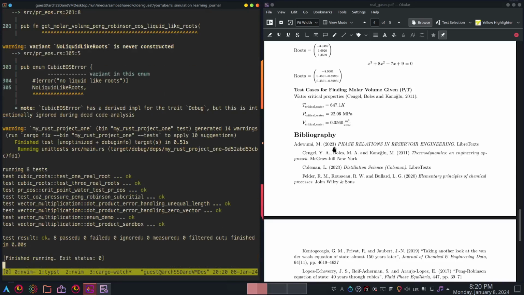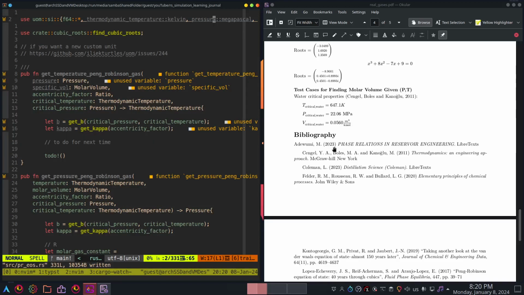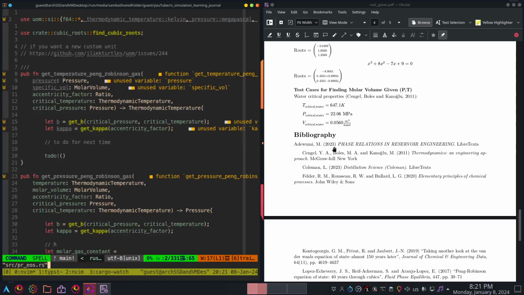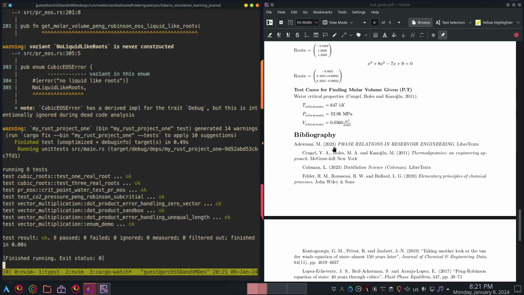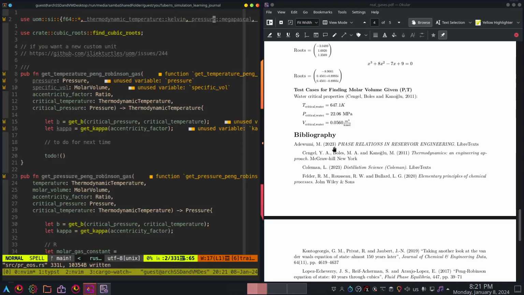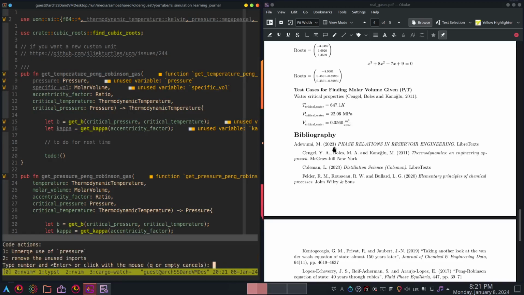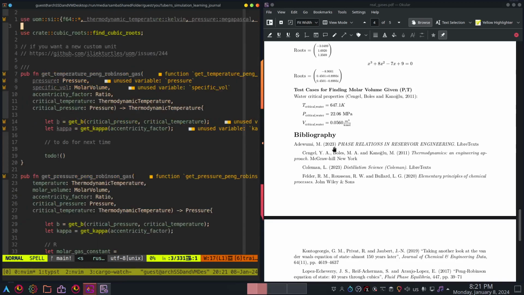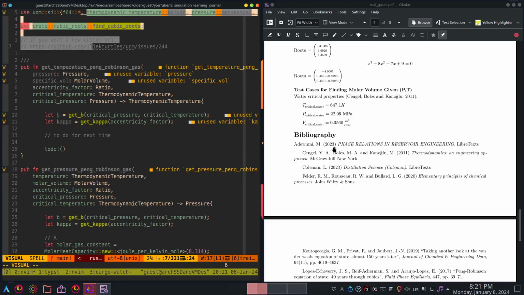Okay, let me clean up those unused imports. I'll save it. I need to tidy things up. So I'm going to use all this.